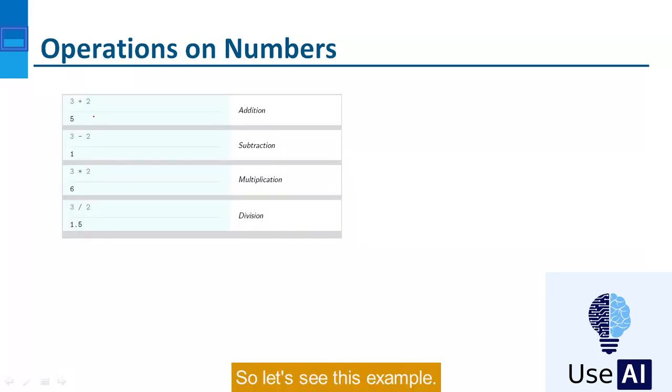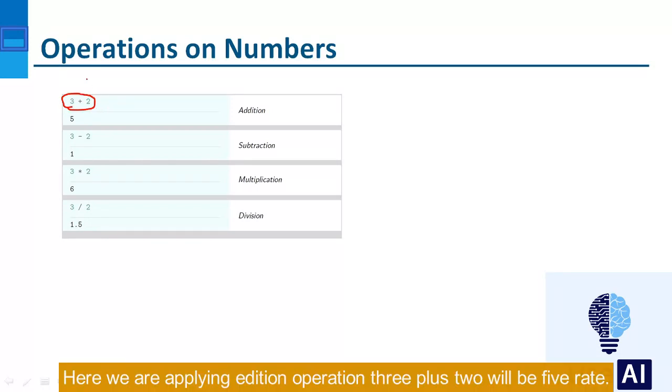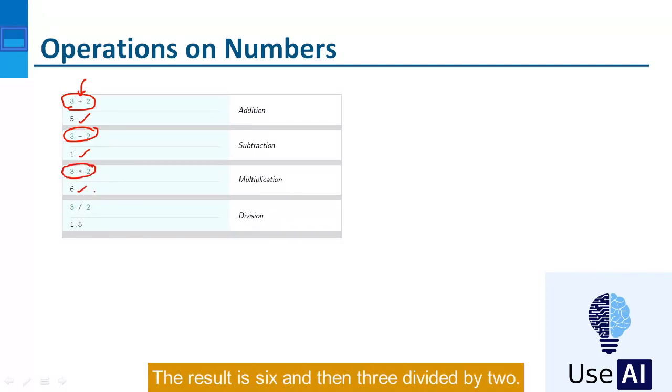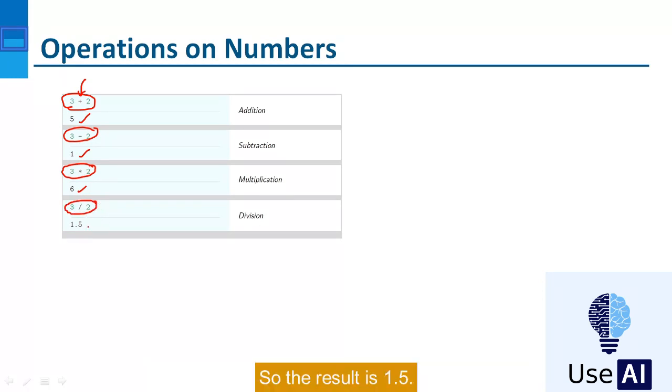So let's see this example. 3 plus 2. Here we are applying addition operation. 3 plus 2 will be 5, right? Similarly, 3 minus 2 will be evaluated to 1. Next, 3 into 2, which is multiplication operation, the result is 6. And then 3 divided by 2, okay, so the result is 1.5.